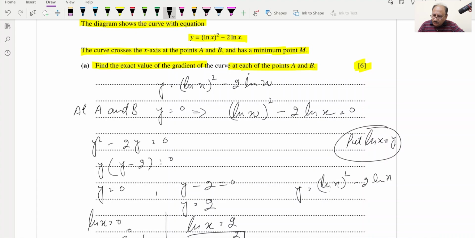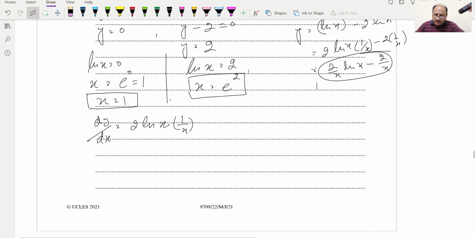So this will be 2 and log x raised to the power 2 minus 1, and into derivative of log x, which is 1 over x. So minus 2 into 1 over x, and this will be 2 over x log x minus 2 over x. This will be the derivative, which I have separately explained also.